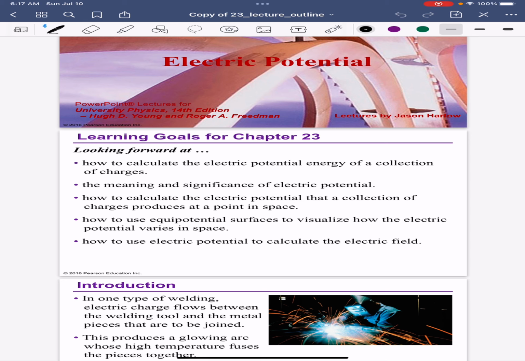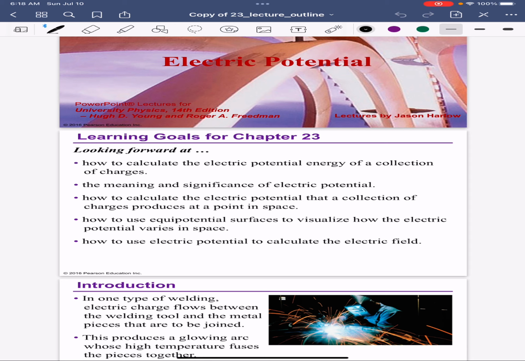The meaning and significance of electric potential. This is a very important physical quantity. How to calculate the electric potential that a collection of charges produces at a point in space, and how it is related to Coulomb's law.